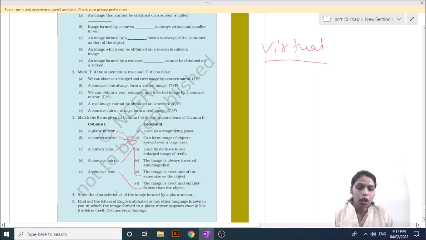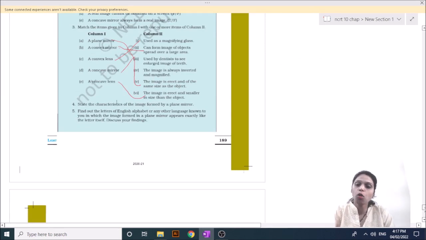Now our next question: state the characteristics of the image formed by a plane mirror. I have already discussed with you. It is erect. A plane mirror always makes an erect image.